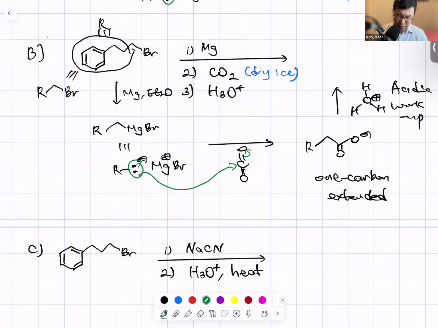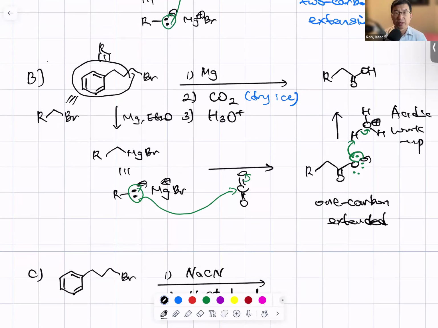Then this carboxylate ion will be fully protonated, forming the product, the carboxylic acid. So one carbon is extended.